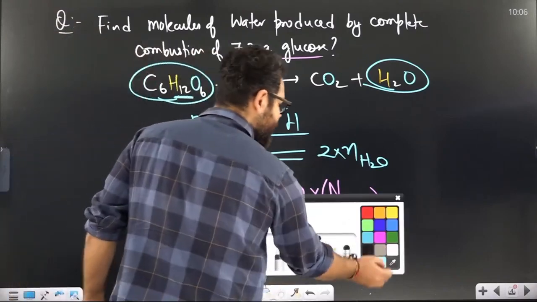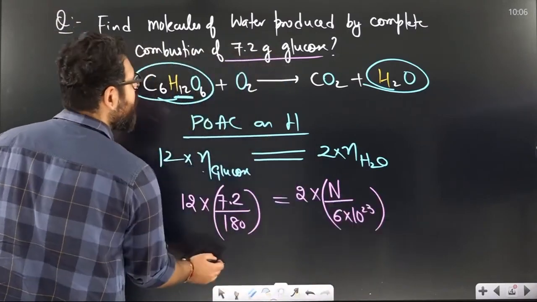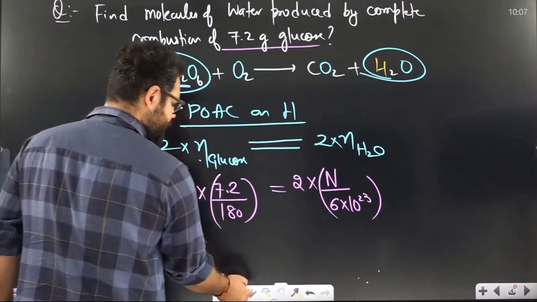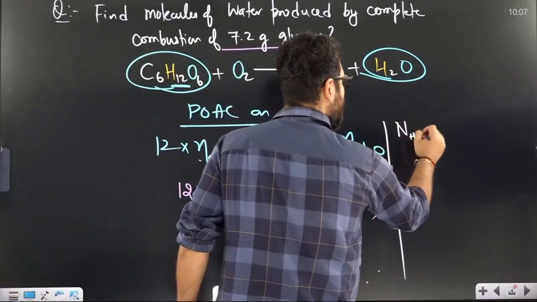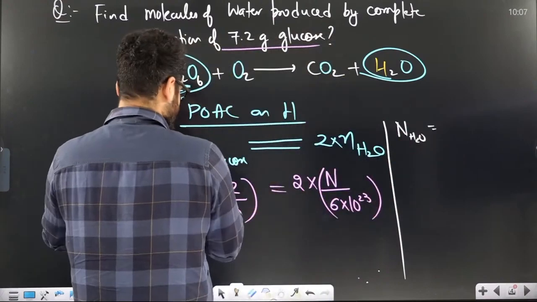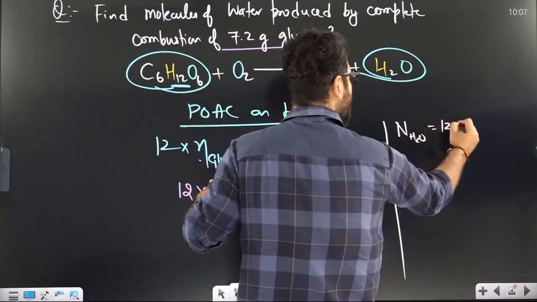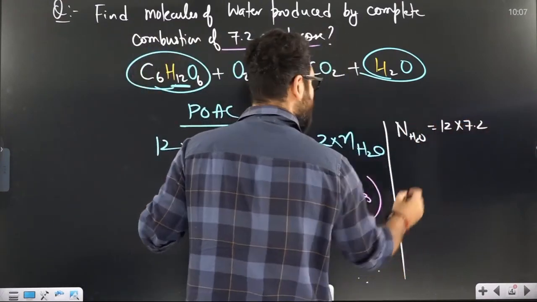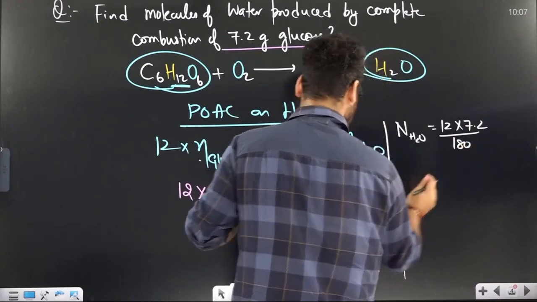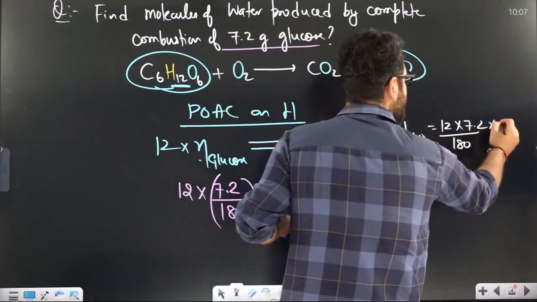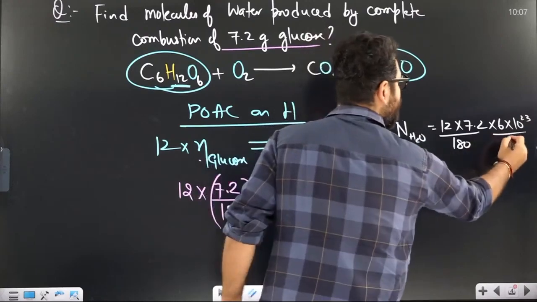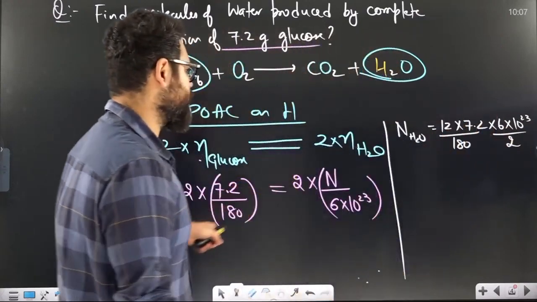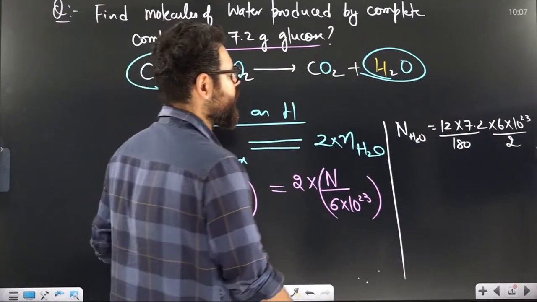So molecules of H2O come out to be 12 into 7.2 by 180 into 6 into 10 power 23 by 2. This 2 has gone down, this thing has gone up.